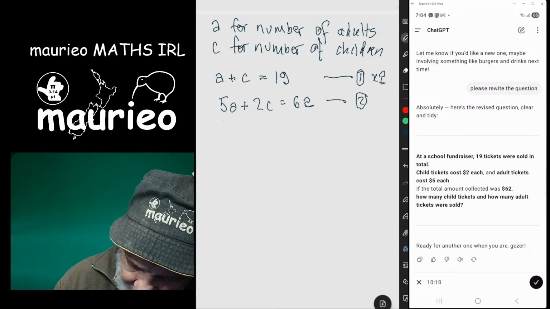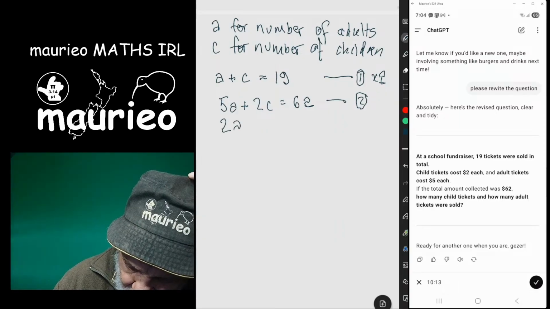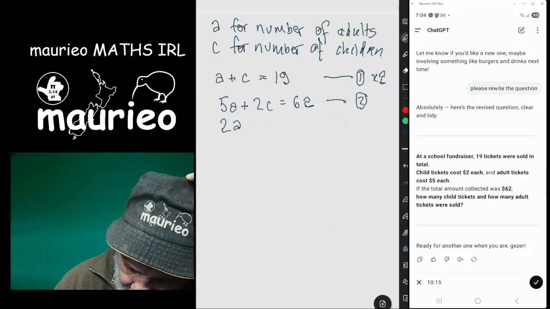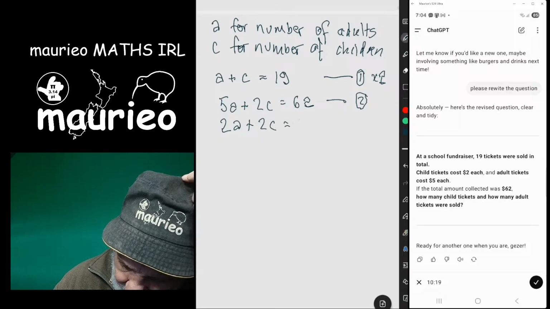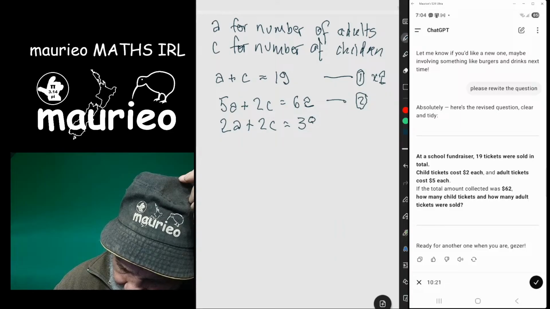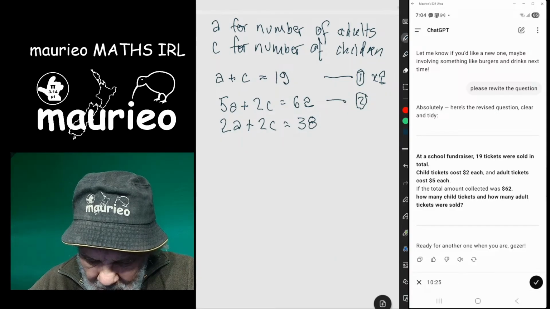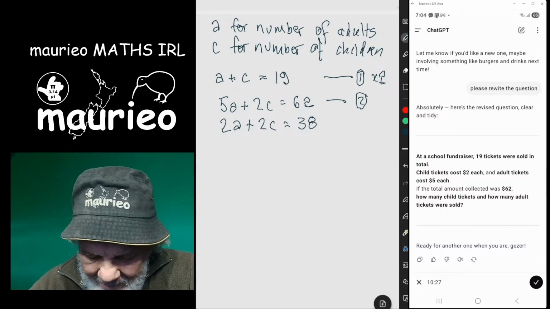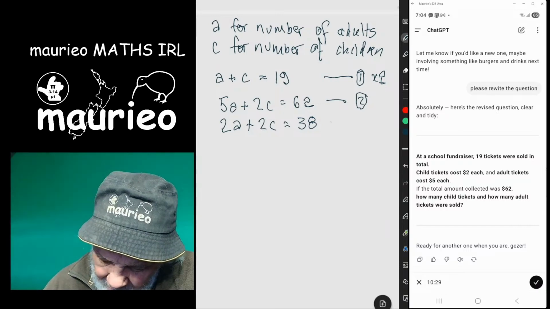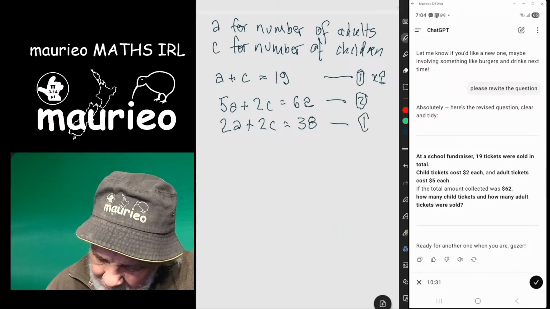That's going to give us 2A plus 2C equals 38. We just multiplied equation 1 by 2.